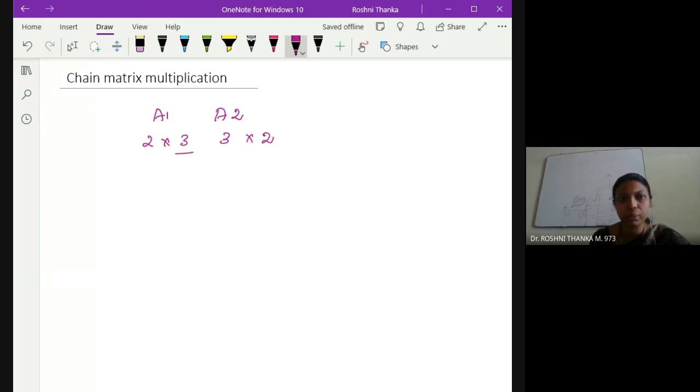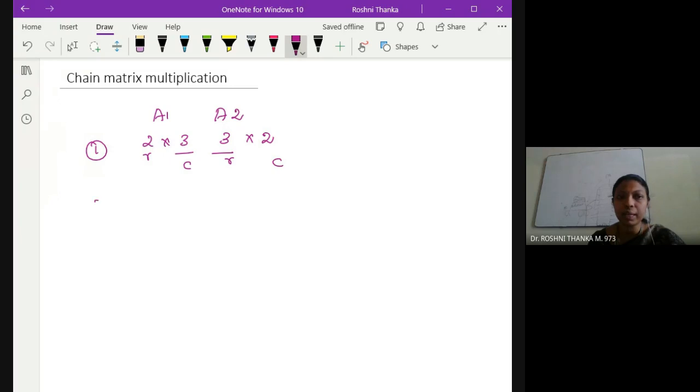These two values should be the same, only then can I do the matrix multiplication. This is the row value, this is the column value, this is the row value, this is the column value. So the column of the first matrix and the row of the second matrix should be the same, then only can I multiply two matrices. This is the first condition.